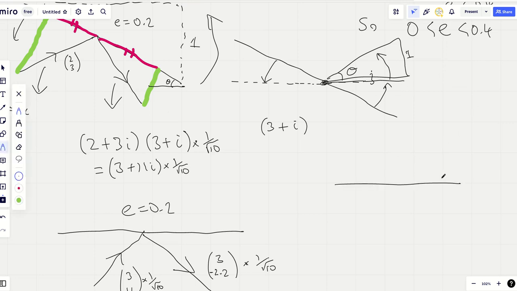Because if you take the flat line on the complex plane and you take the number 1, to rotate it by theta, I just multiply it by 3 plus i, 1 times 3 plus i, and then I'll throw in a 1 over root 10 just to make sure it's still got a length of 1, yeah? And that will rotate it by theta. Well, to rotate it in the other direction, I multiply by 3 minus i.